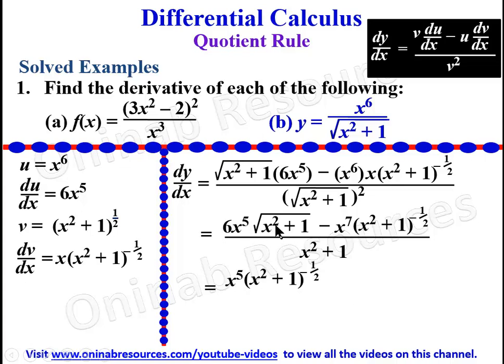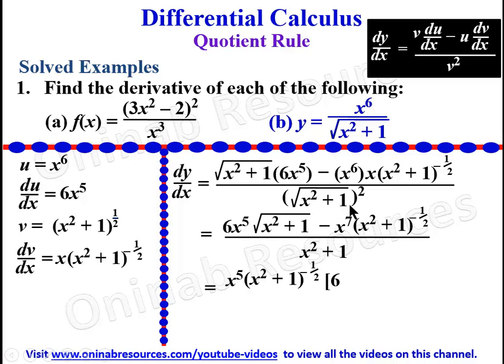We can now factorize here. Factorizing 6x to the power of 5 divided by x to the power of 5 will give us 6, and this is x squared plus 1 to the power of half. Dividing it by this will give us x squared plus 1. Yeah, it's just like having m to the power of half divided by m to the power of negative half.